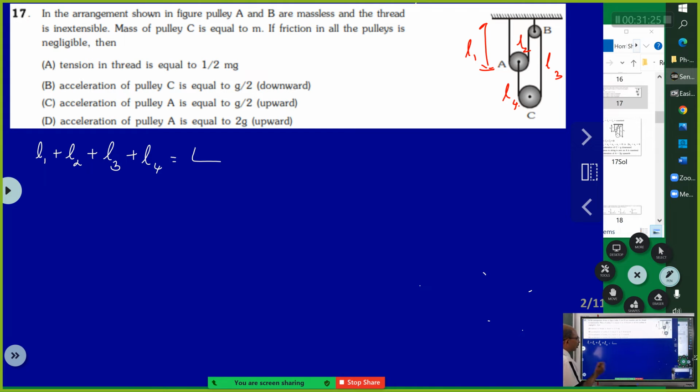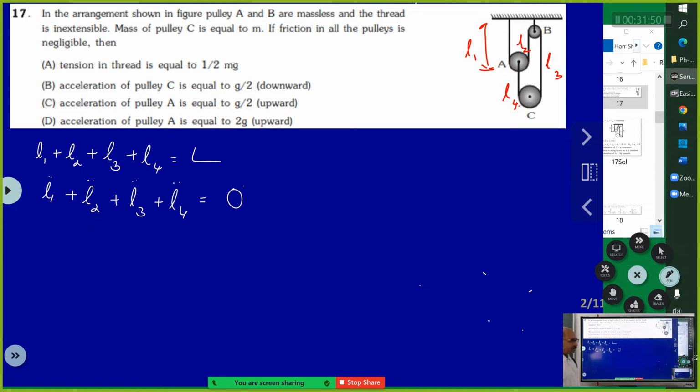Now you have to find out the acceleration, so you will differentiate this. If you differentiate twice, you get L1 double dash plus L2 double dash plus L3 double dash plus L4 double dash, and this is going to be 0.